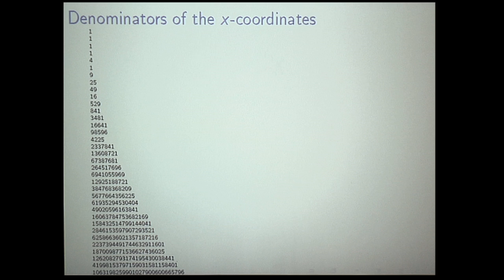Going to positive and negative exponents, one discovers that by the chord and tangent process, starting with 0, 0, one has produced absolutely every rational solution of Mordell's elliptic curve.